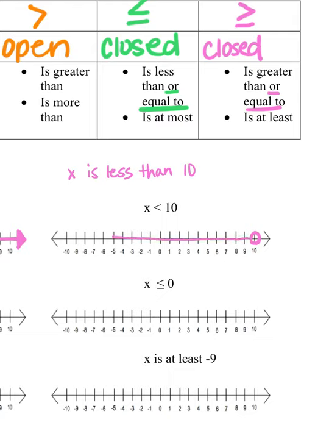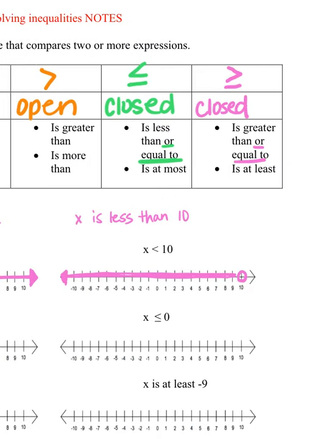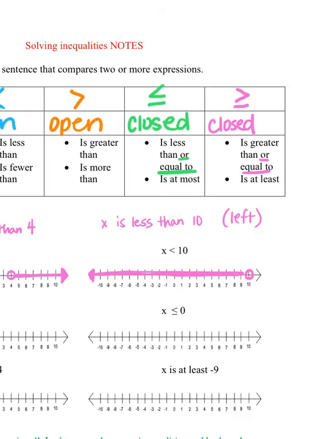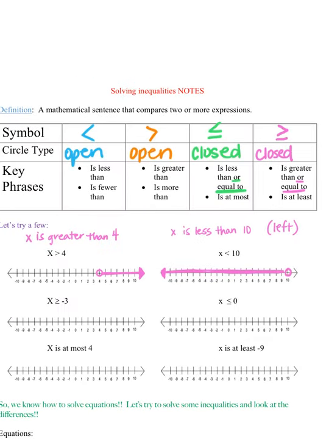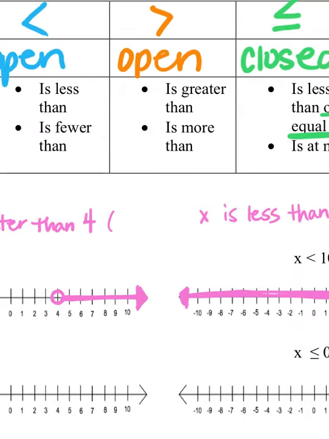So this time my arrow is going to go to the left. Less than, left. I kind of remember it like less, left, less, left. That's always going to help us decide which way to draw the arrow. Greater than is to the right, and we'll put that right here. So my arrow is going to go to the right.